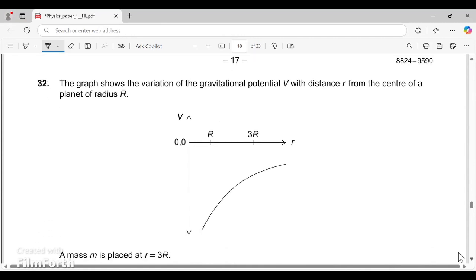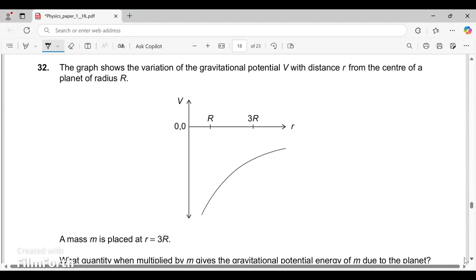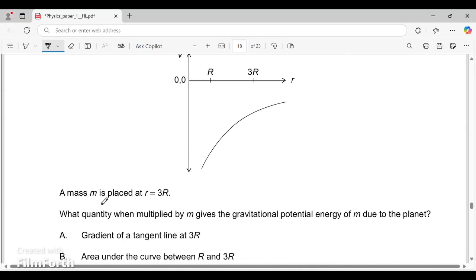32. The graph shows the variations of the gravitational potential phi with the distance r from the center of a planet of radius R. A mass m is placed at r equal 3R. What quantity when multiplied by m gives the gravitational potential energy of m due to the planet?